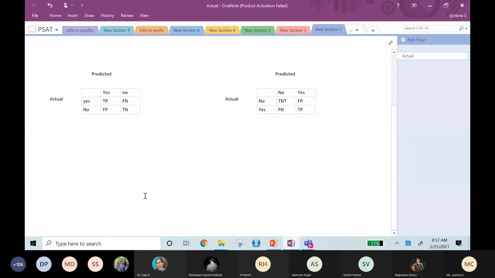Are you all writing? From 10,000, 100 have been identified as cancer patients, and 9,900 identified as no cancer.